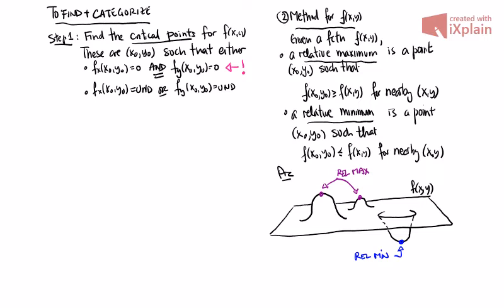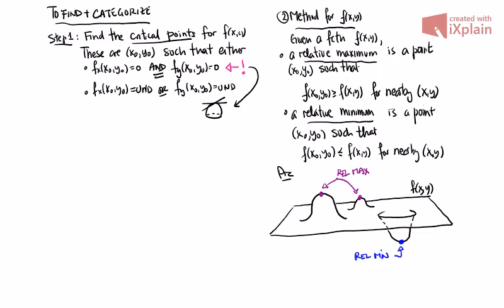Just a comment about that case. The reason that case makes sense is, think about if you have a relative maximum like this. If you go to the top of that and you draw tangent lines, in every direction the slope will be 0. When we find f sub x, we're finding the derivative in the x direction, and the tangent line will be horizontal, slope is 0.